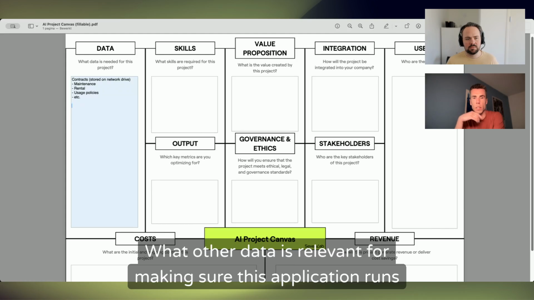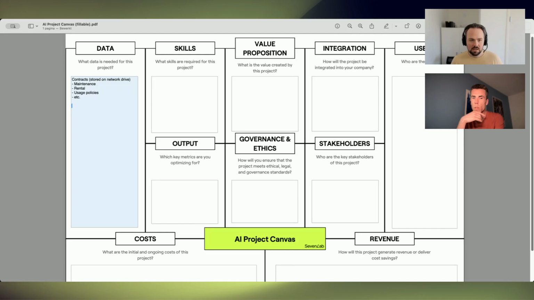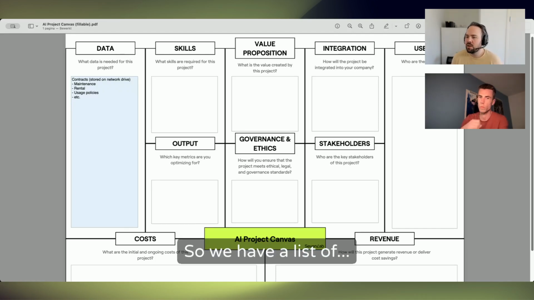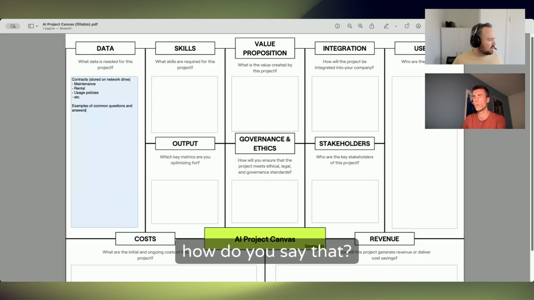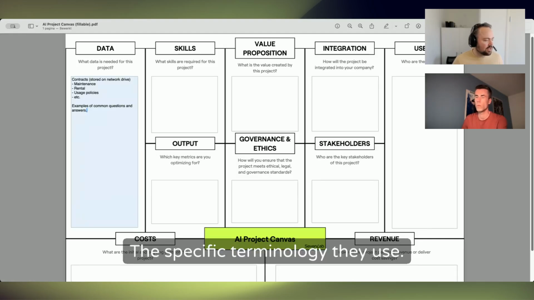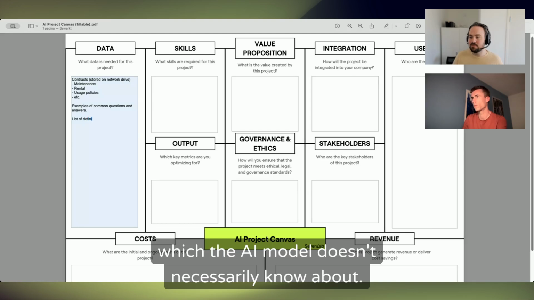What other data is relevant for making sure this application runs well? Do we need example questions with good answers, for example? Yeah, could be. We have a list of common questions and answers, but we also have a list of the specific terminology they use, which the AI model doesn't necessarily know about.